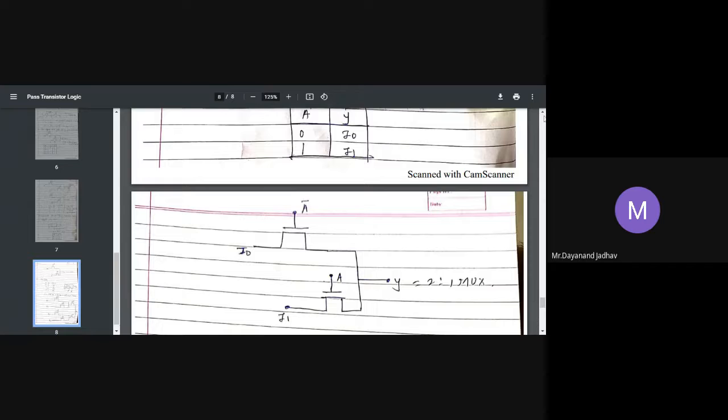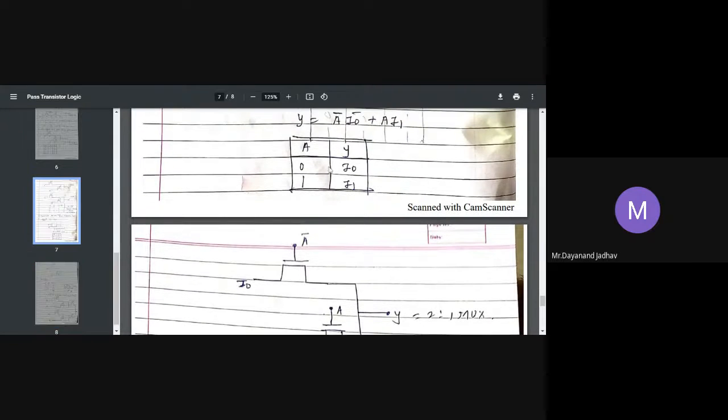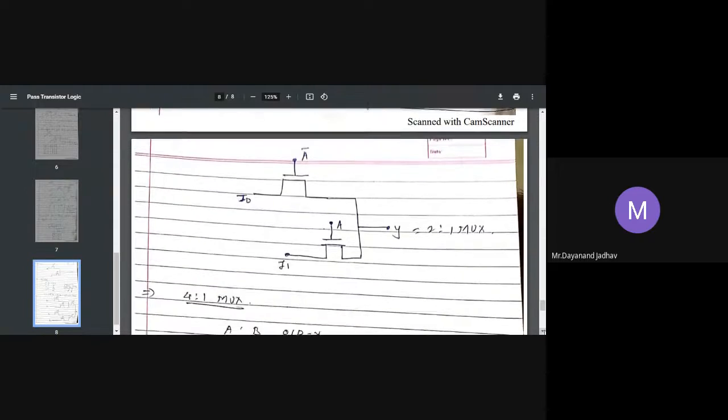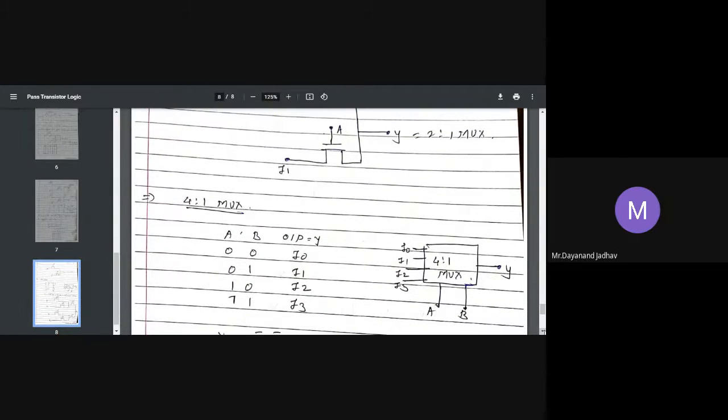Just like that, this or this selection: when a equal to 0, I0 is in the output, a equal to 1, I1 is in the output. In this way, this also implements a bar I0 plus a I1. In this way we can implement the 2 to 1 mux.